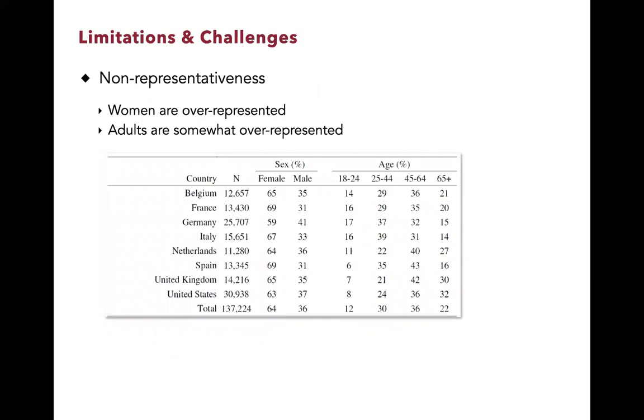So first of all, we know that online samples are generally biased due to non-representativeness. In our case, for example, we oversampled women who we know from the literature are generally more interested and more likely to engage in health-related online activities like surveys, blogs, forums.